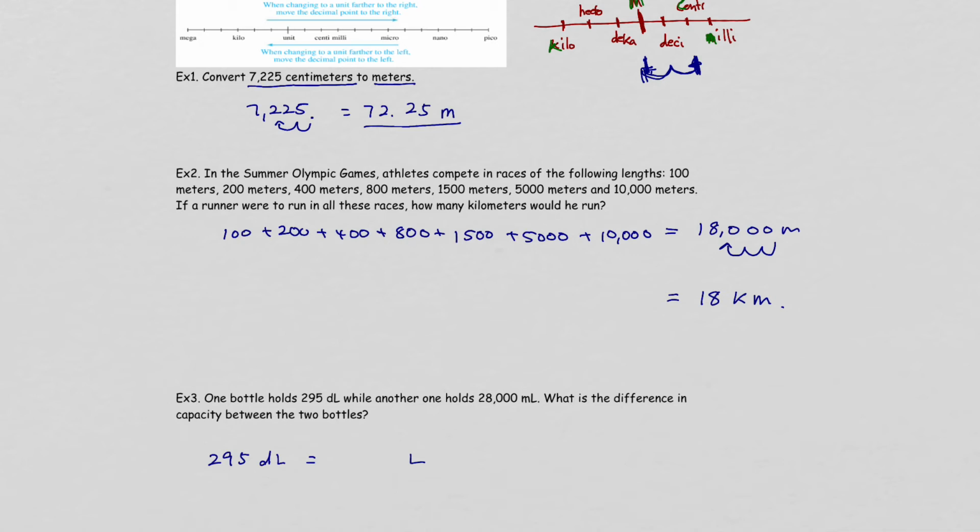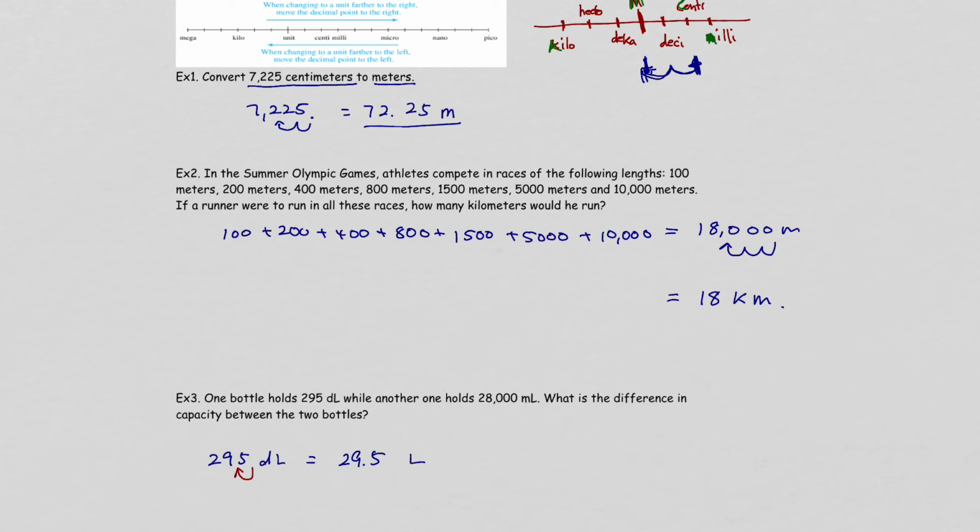So it will be from here to here, deci to the basic unit. That will be just 1 unit moving toward the left. So this becomes 29.5, because you're only moving 1 unit to the left.